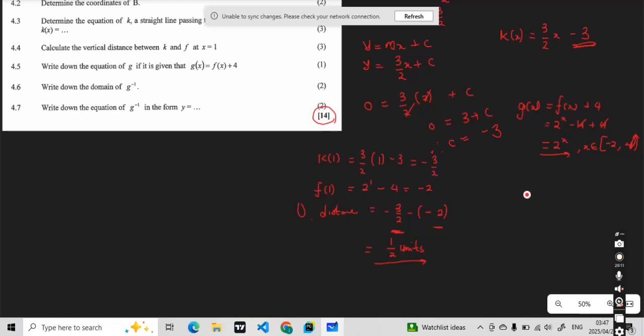So in 4.6, they said you must write the equation of the inverse.